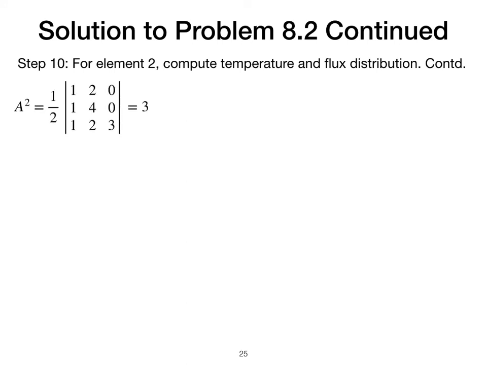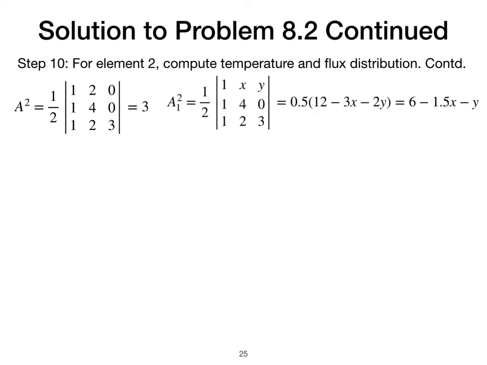Area for element number 2 is equal to 3 meter square, same as that of element number 1. A1 for element number 2 is calculated using determinant equations. The value is 6 minus 1.5x minus y.